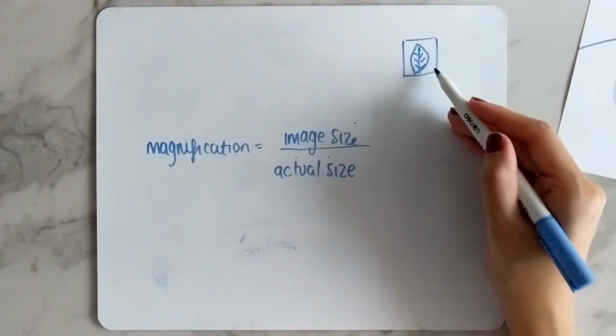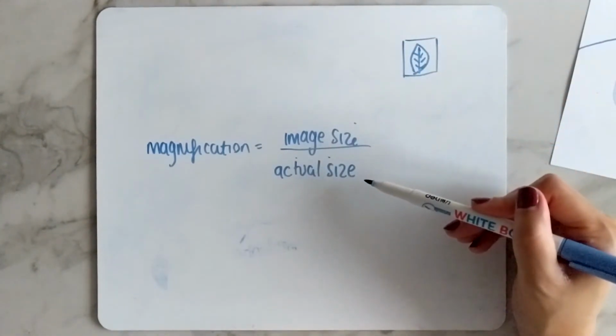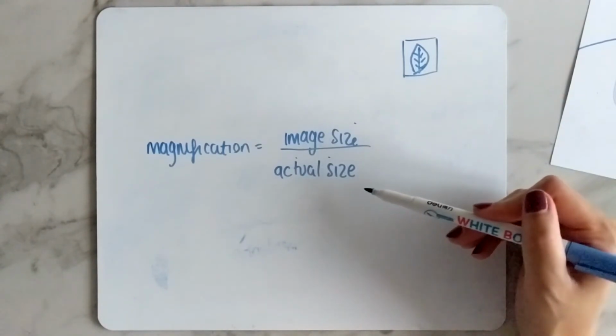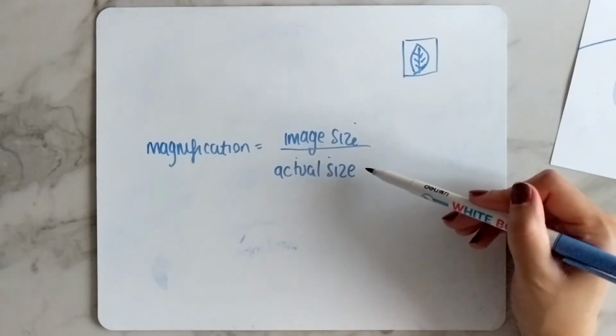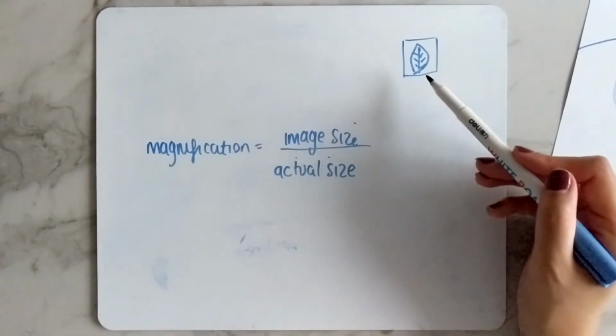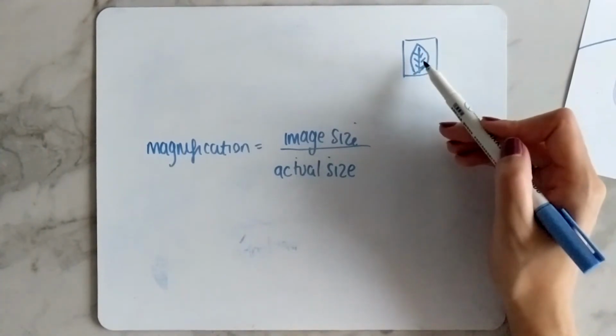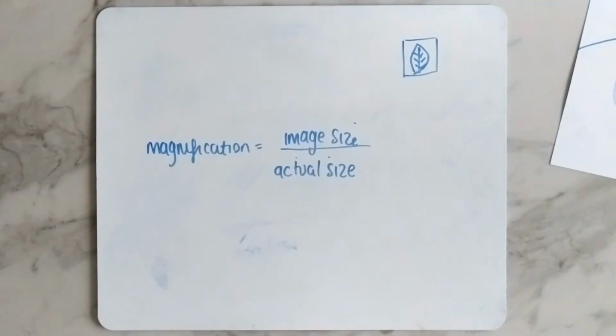So that is your image size because that is the size of the image you are given. The actual size is the size that it is in real life. So in most cases the actual size tends to be bigger because you've zoomed in, because you've magnified it and you're looking at organelles or whatever the question asks you to look at.